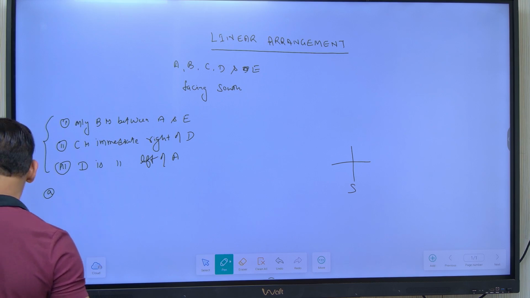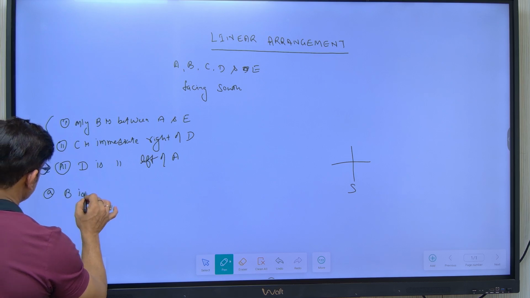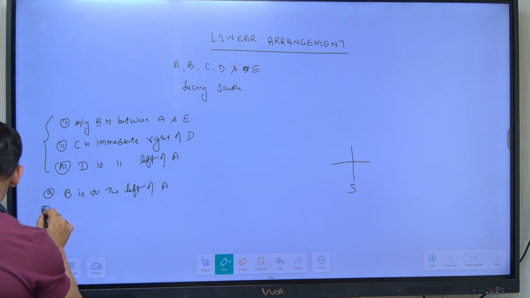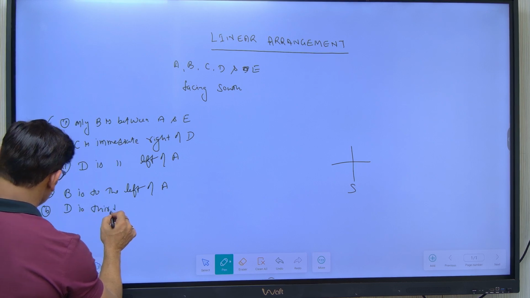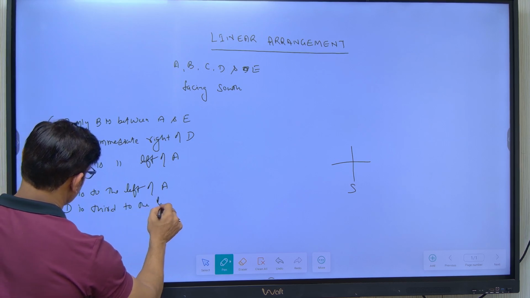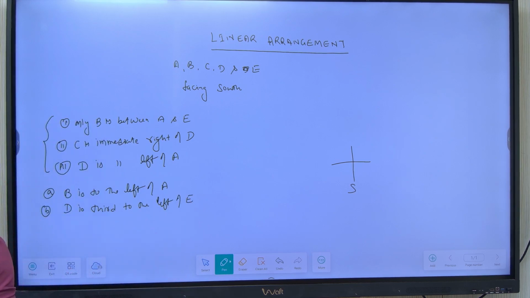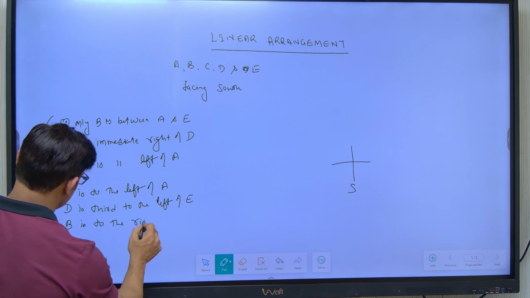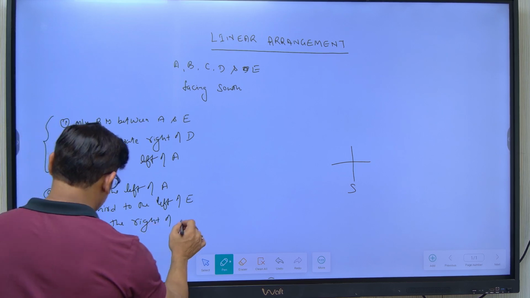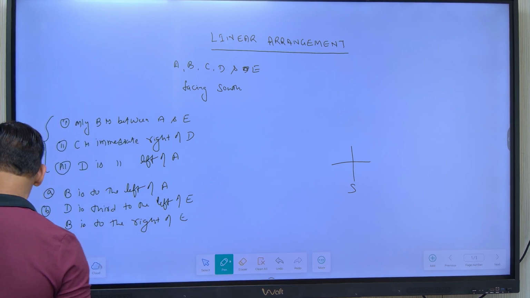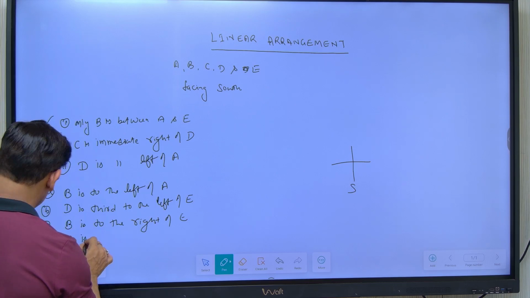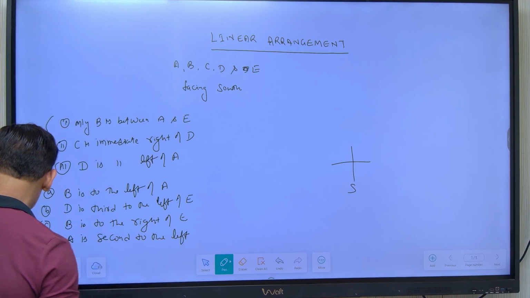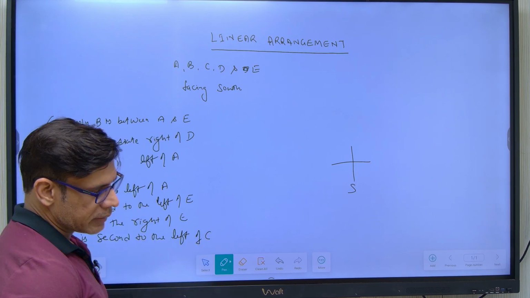First, B is to the left of A. Second, D is third to the left of E. Third, B is to the right of E. And the last option, A is second to the left of C. Which of the following statements is correct?